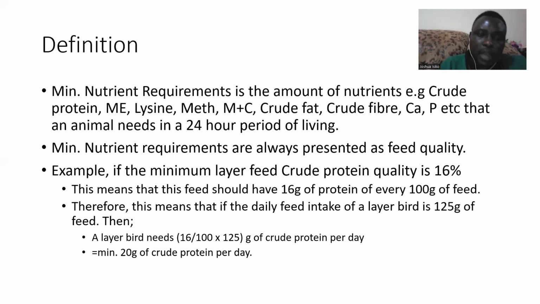Sometimes if you get high nutrient requirements for protein, you may find that that animal has low calcium. So you never assume that since broiler feed is high in crude protein, it can meet the minimum protein for a layer bird, and give broiler feed to a layer bird.